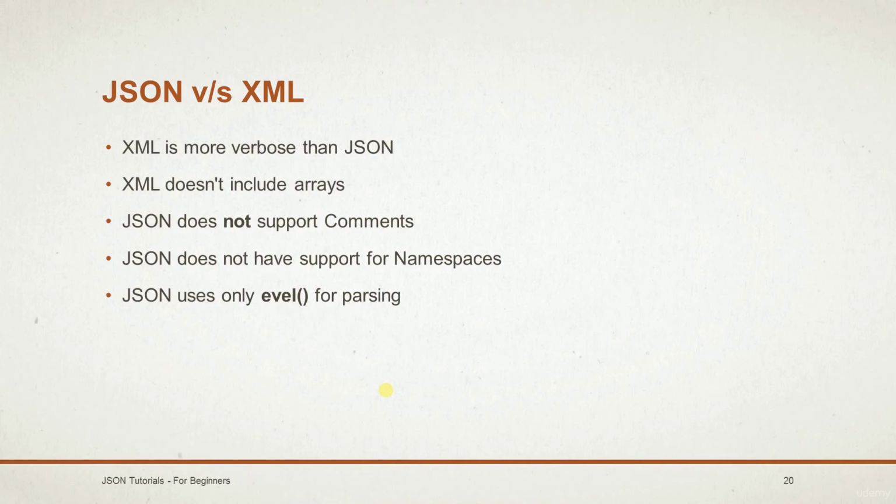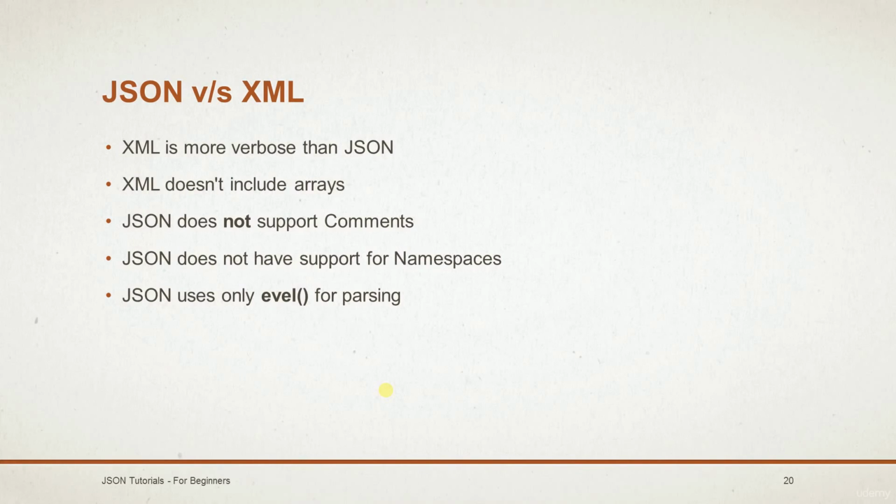JSON does not support comments while XML supports comments. Comments are an important feature of a programming language, but JSON does not support them. JSON does not support namespaces while XML supports namespaces. JSON uses JSON.parse or eval for parsing, while XML uses the DOM, document object model.